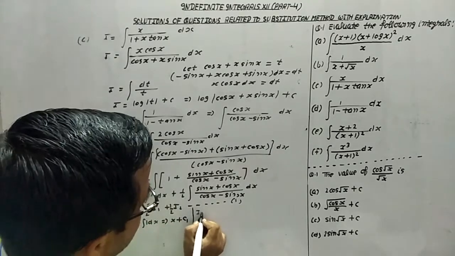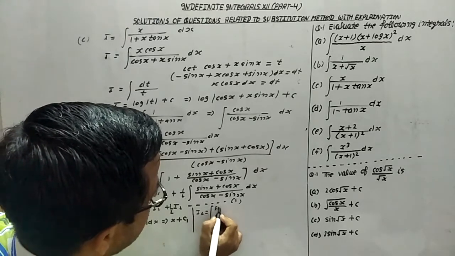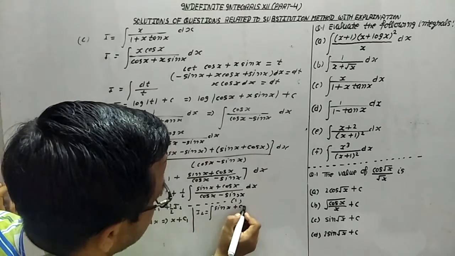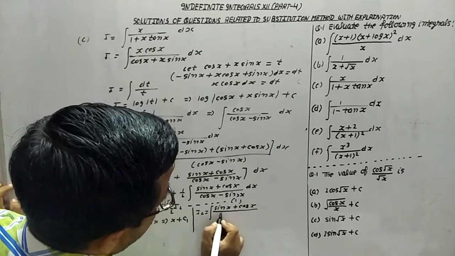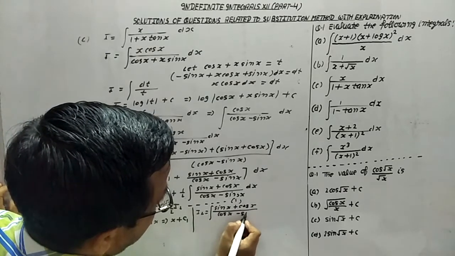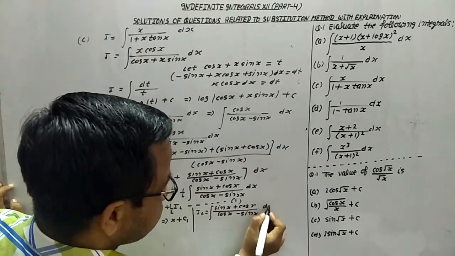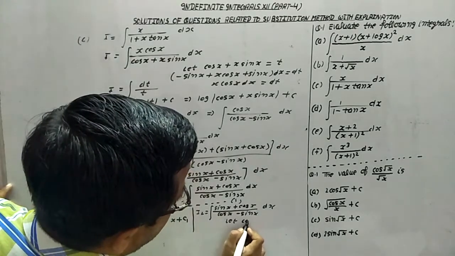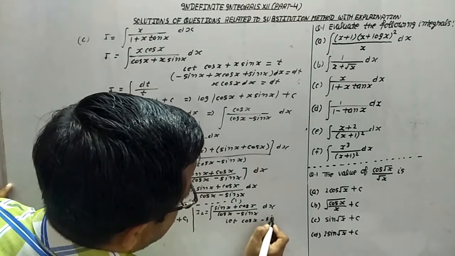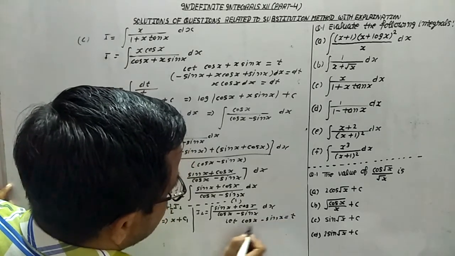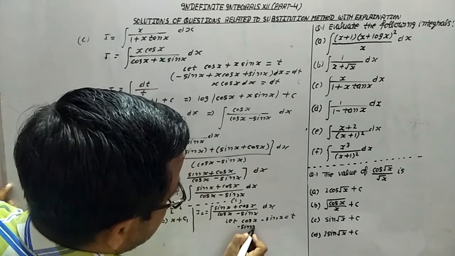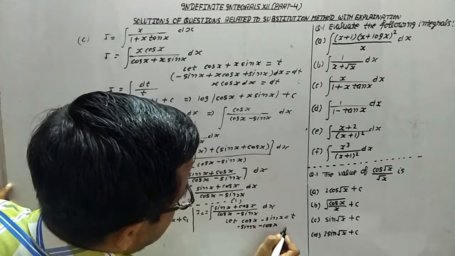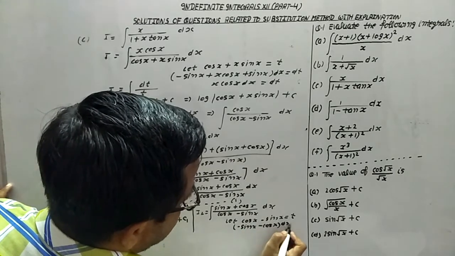Now I2 is equal to integration of sin x plus cos x upon cos x minus sin x. Now for the substitution, put cos x minus sin x equal to t. Let cos x minus sin x equal to t. It means minus sin x minus cos x dx is equal to dt.